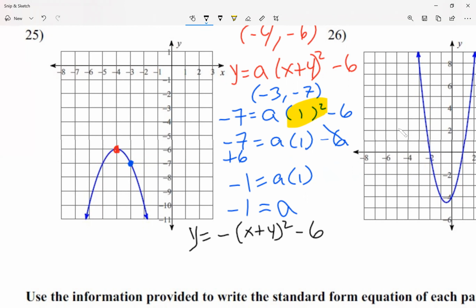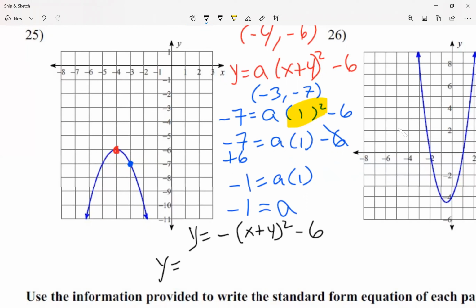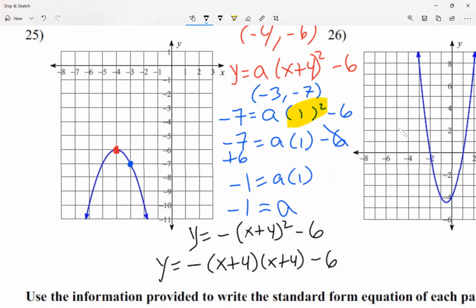Now, how do I expect you to type it on my homework? Y equals negative, and then write the parentheses x plus 4 twice, then -6. All right, so that's the vertex form.